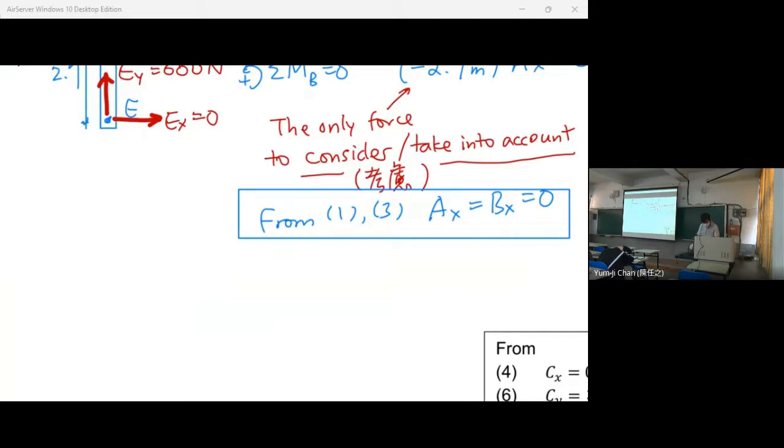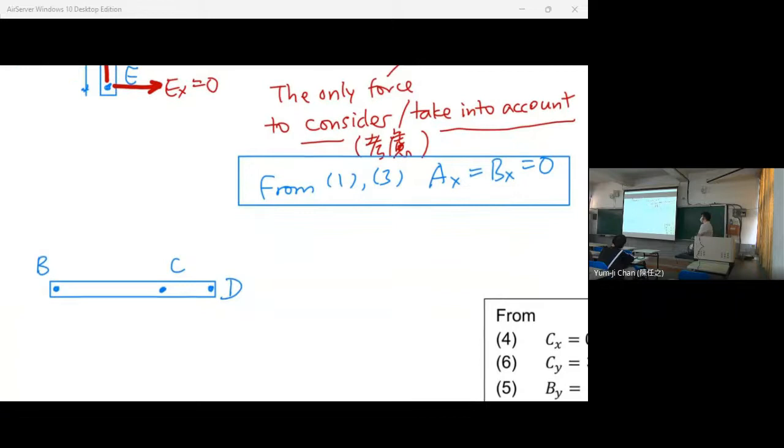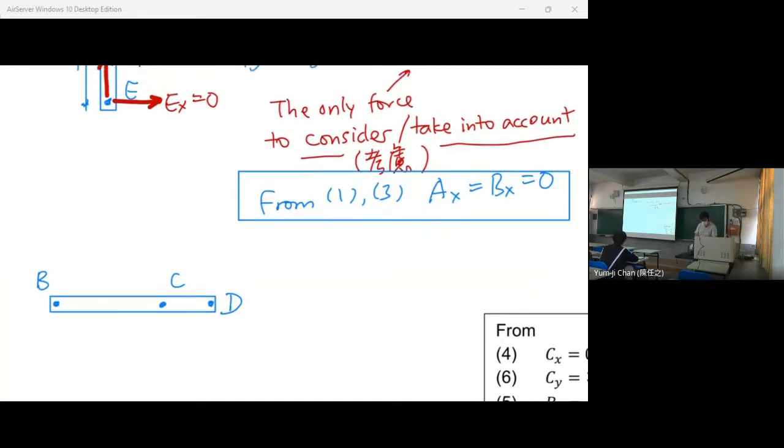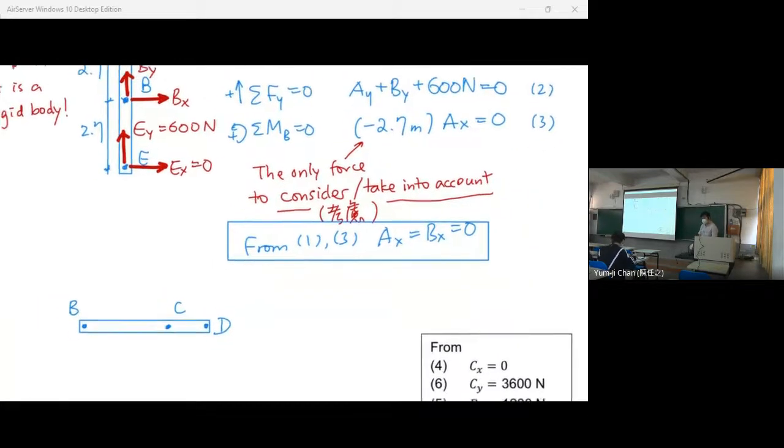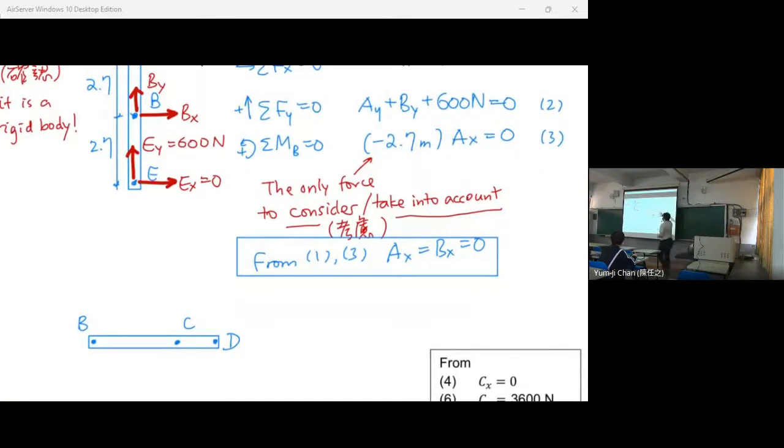Let's talk about member BCD. Now think about how to draw the free body diagram of B, C, and D. The first thing to look at is that point B is the joint between ABE and BCD.